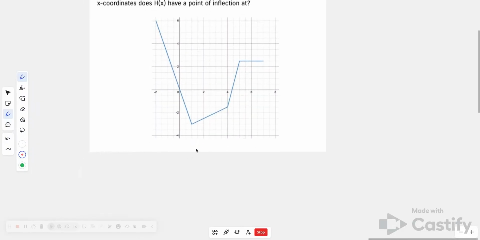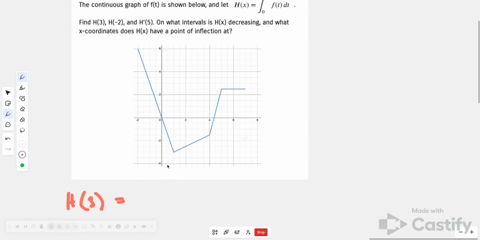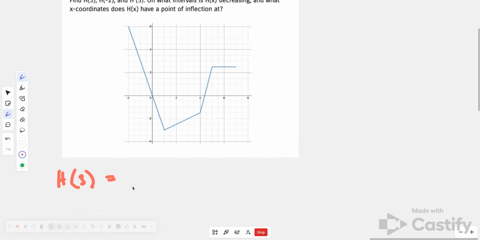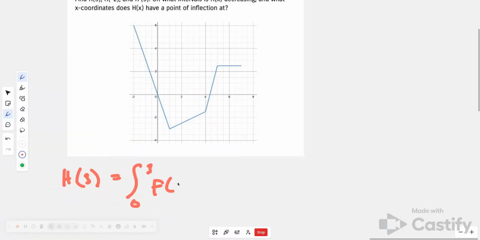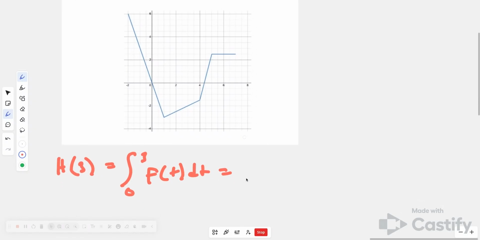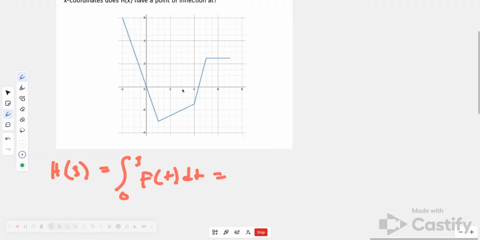So for the triangle portion, which is going to be this portion, our area would be, first let's write it in the notation. So h of 3 is equal to the integral from 0 to 3 of f of t dt. So this is going to equal the area underneath that's bounded by the x-axis and with these limits and f of t.